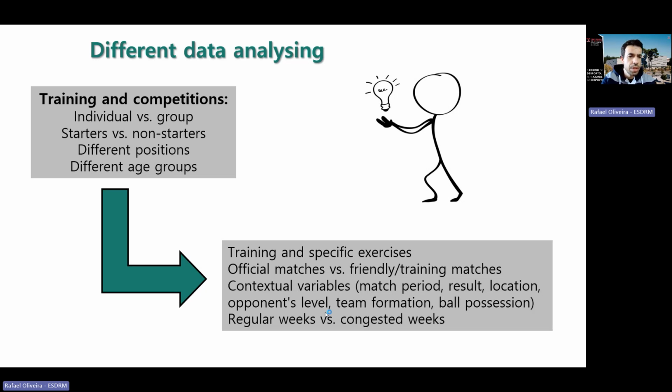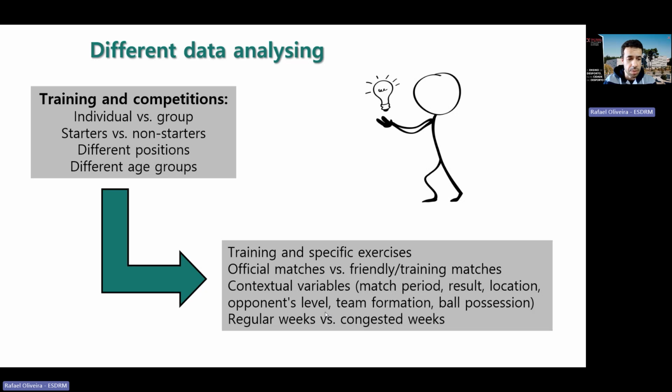Along with this type of analysis in different subgroups, we should consider other contextual variables. For instance, if we are analyzing a training or a match: during training there are many types of different exercises.